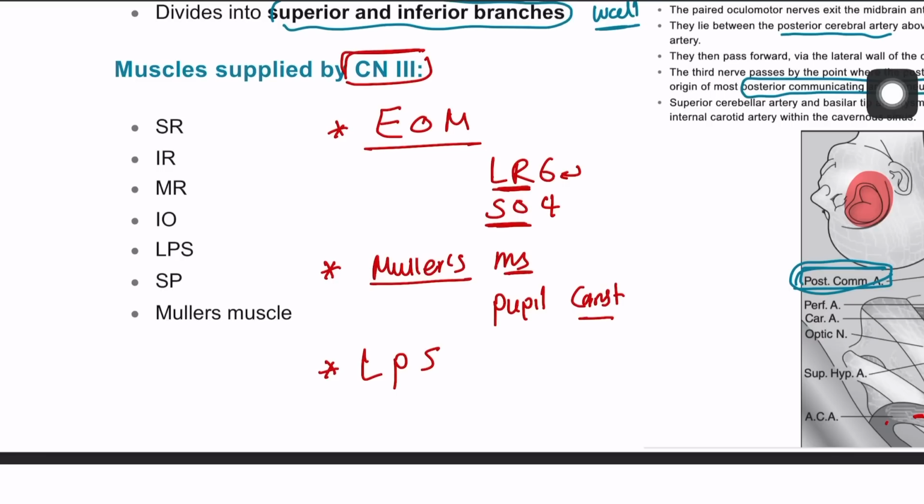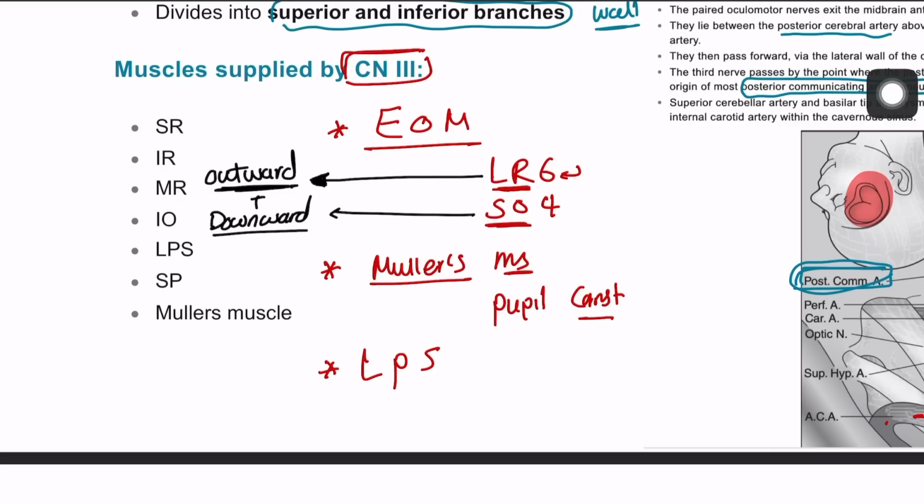So what will happen when it's paralyzed? Okay, let's talk about that. The lateral rectus is spared, and the medial rectus is paralyzed, so the eye will be pulled outward. What about superior oblique? It will pull the eye outward plus downward as well.